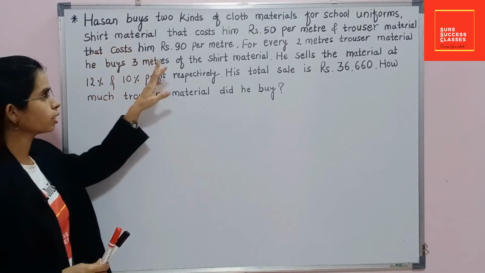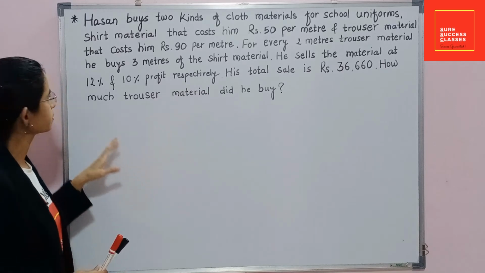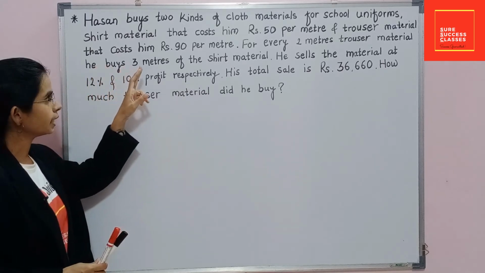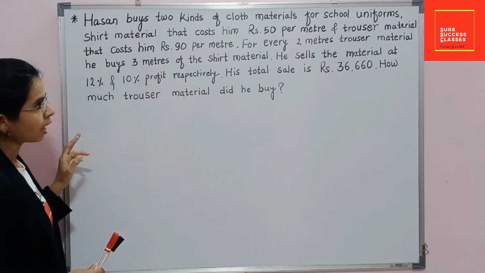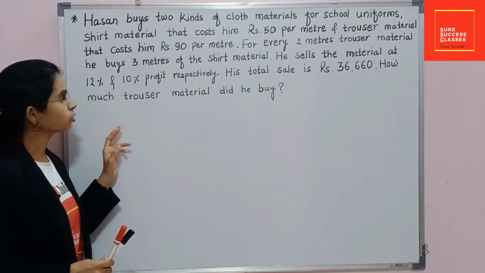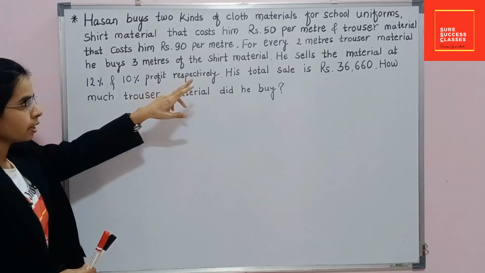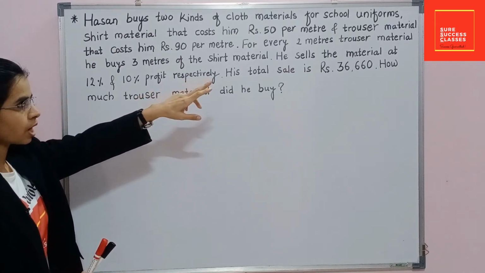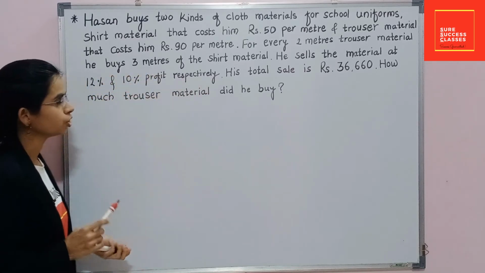Hassan buys two kinds of cloth materials for school uniforms. Shirt material that costs him rupees 50 per meter, and trouser material that costs him rupees 90 per meter. For every 2 meters of trouser material, he buys 3 meters of the shirt material.